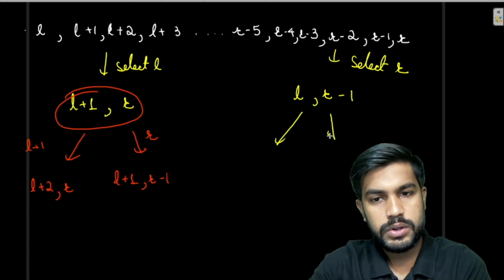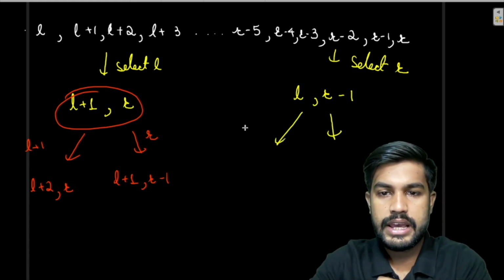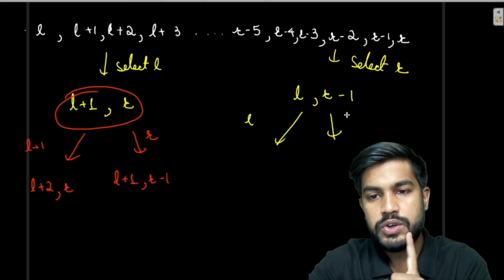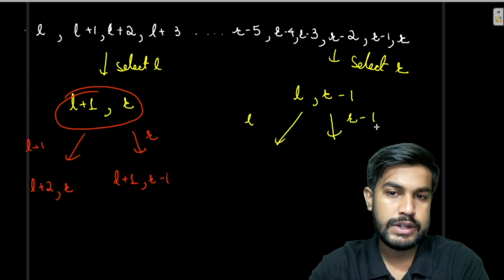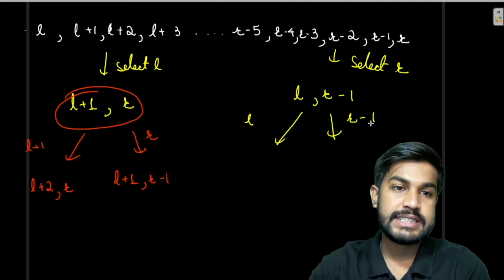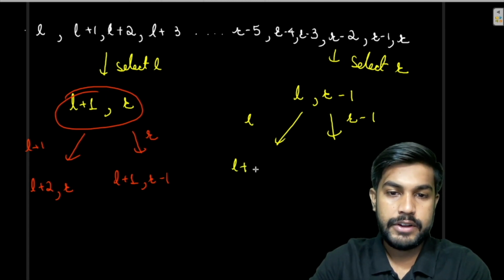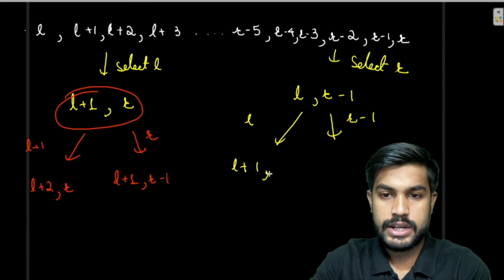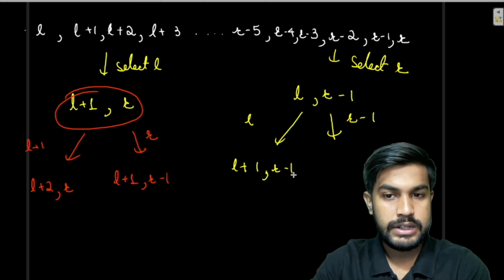Now here also, if I select the R value, then the person can select the L value, or the person can select the R minus 1 value. If the person selects the L value, I would be left with L plus 1 till R minus 1.